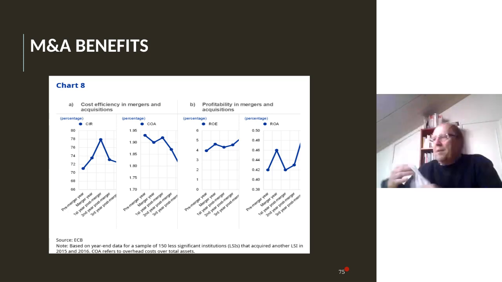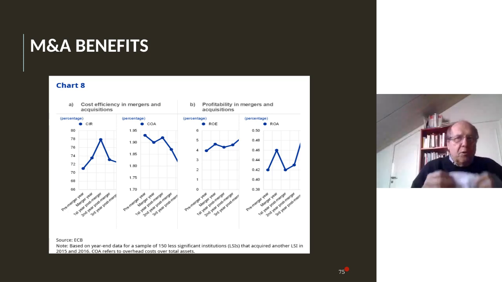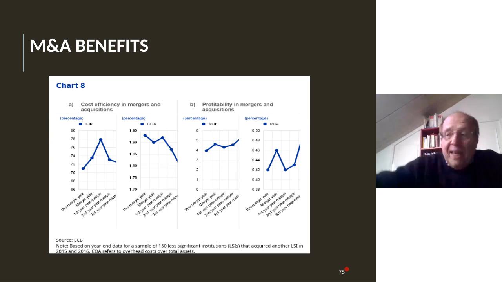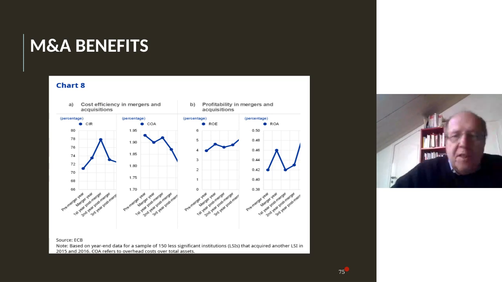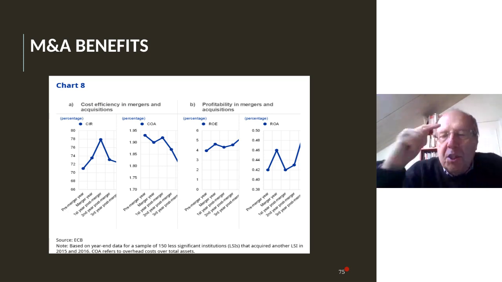They believe there is no such thing as European banks, and they want to show that it is efficient. You see the cost ratio after acquisition, what they call CIR, cost income ratio. It's moving up, and then after the second year, it's moving down sharply.